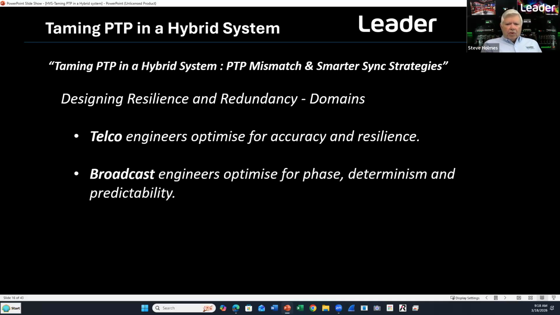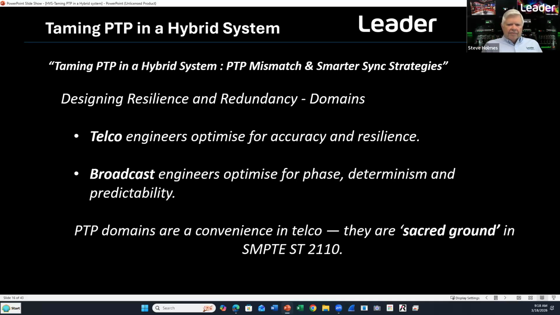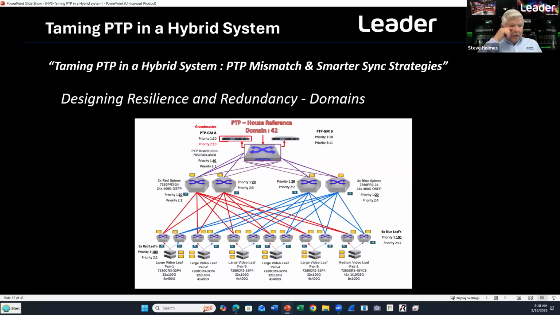So we need to think about things that happen in video. I mean, we're dealing with phase, we're dealing with pixels. In audio, they're dealing with much larger gaps that they can deal with, that we cannot deal with. It's one of the reasons we have a red and a blue network, because we cannot survive a single packet drop. And if you have an error, IP switches drop the errored packets.